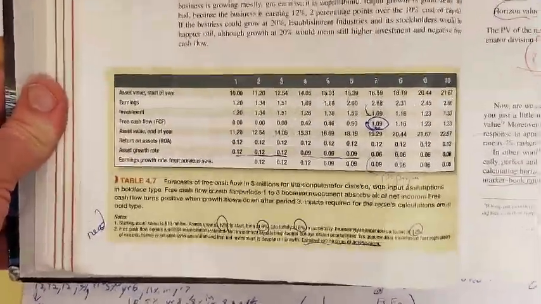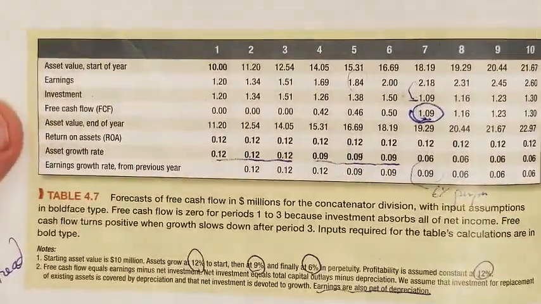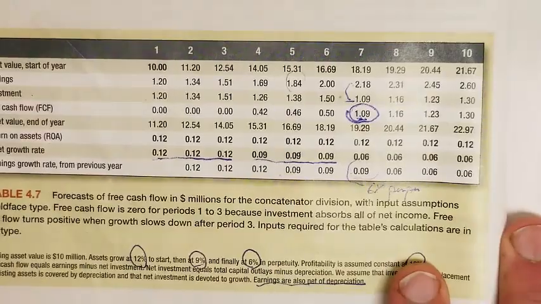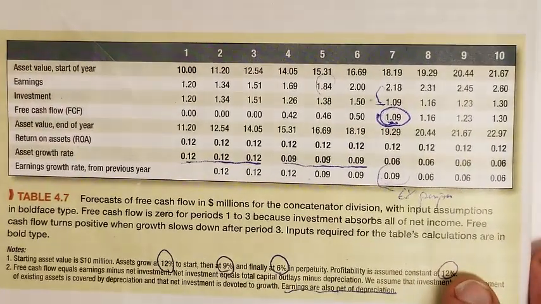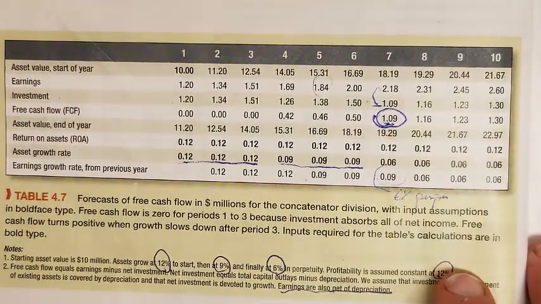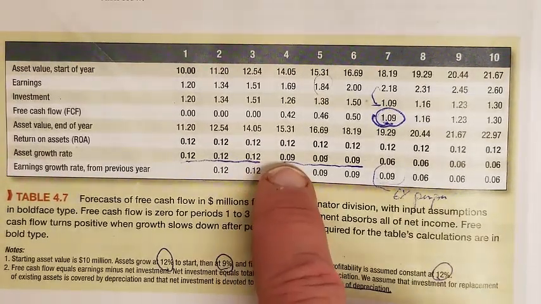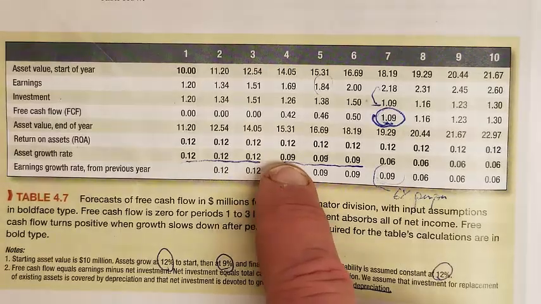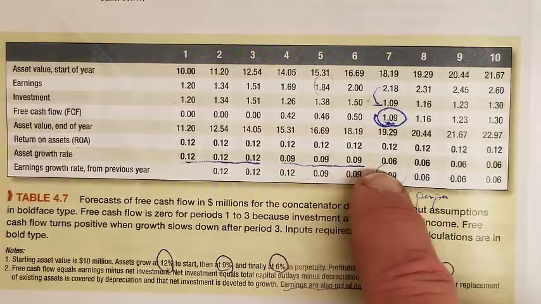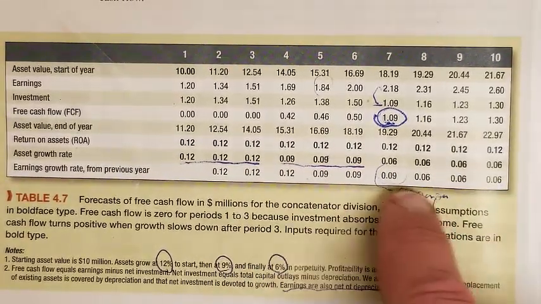Okay, so we've got that, and really that's going at 12% out to the first 3 years, and then it goes to 9% growth, both for asset growth rate and earnings growth rate, right? So basically we're doing the same thing.